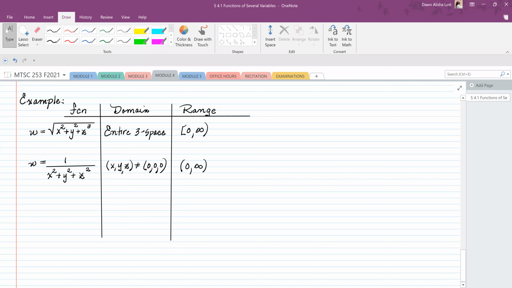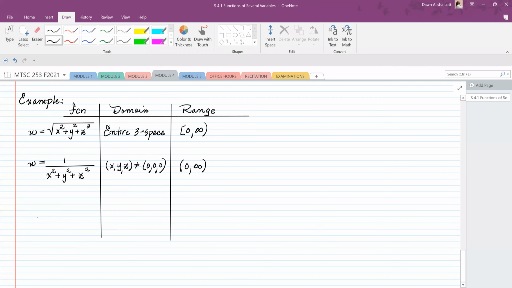How about W is equal to xy times the log of z? Well, clearly x and y can be anything, but z has to be positive. So what does it mean for z to be positive? Here's z, and z to be positive is the upper half space.